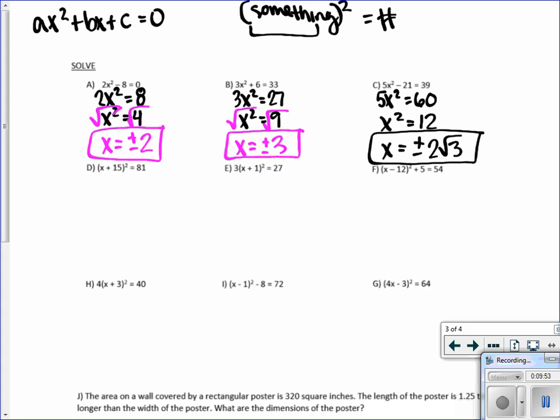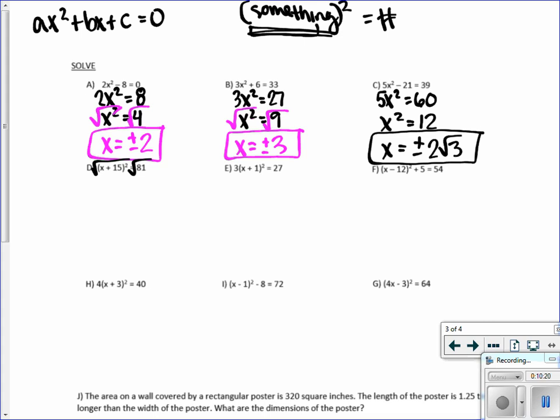Is there anything around the parentheses being squared? Is it being multiplied by something, adding, subtracting, anything? Okay, so that is really something squared, and the other side is just a number. Which means we can go straight into taking the square root of each side.